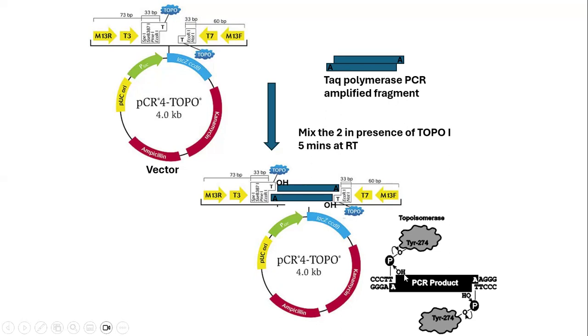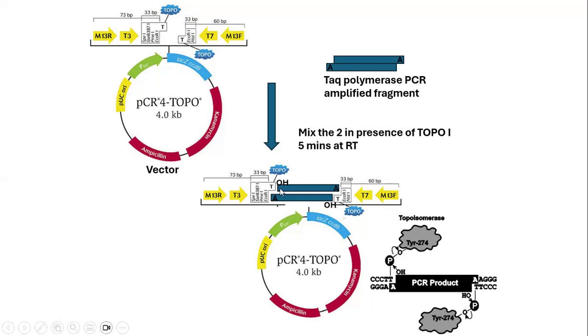As we discussed previously, the hydroxyl groups that are present at the ends will make the second nucleophilic attack that is going to displace the topoisomerase, and in the process it will form the bond with the phosphate of the thymine residue.